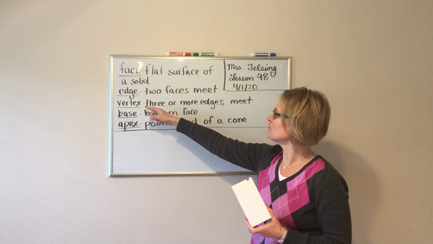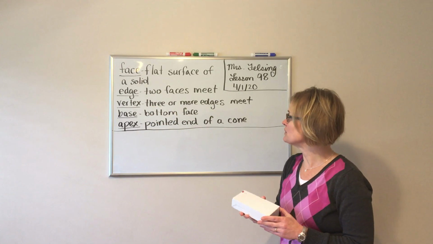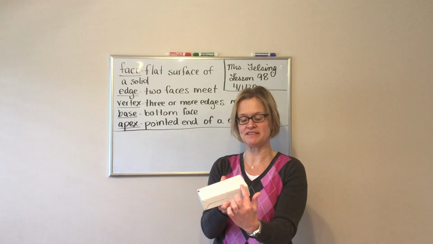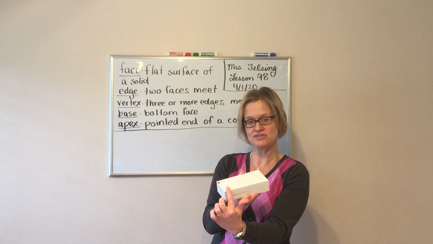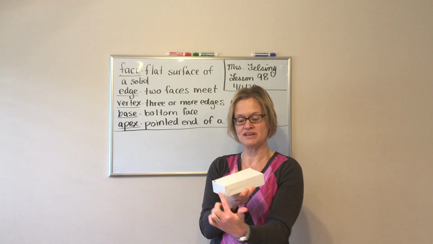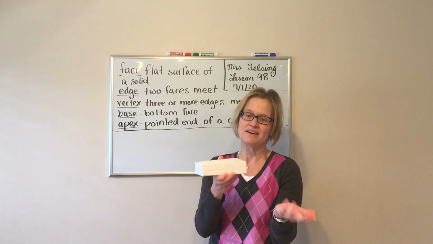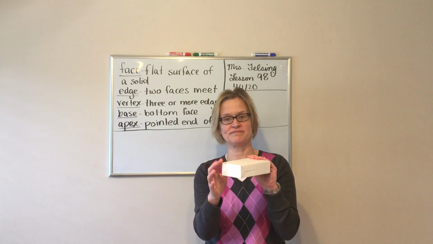Our next term is vertex, and that is where three or more edges meet. Remember, we determined that this is an edge. So if this is an edge, and this is an edge, and this is an edge, this would be the vertex. You can also think of it as a corner.